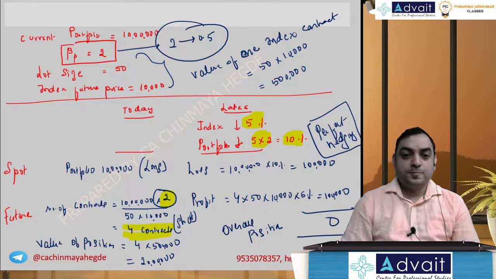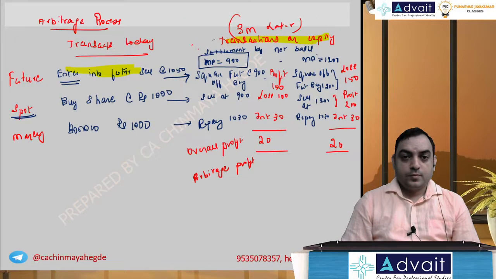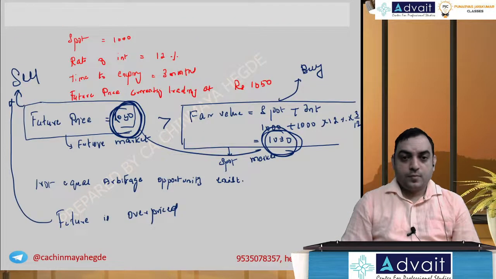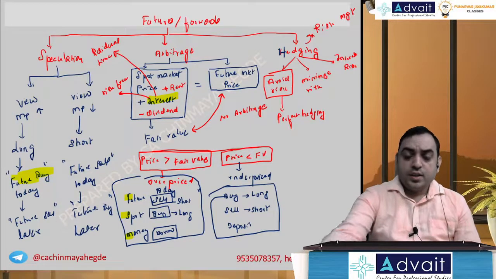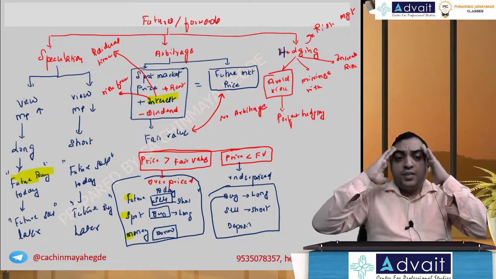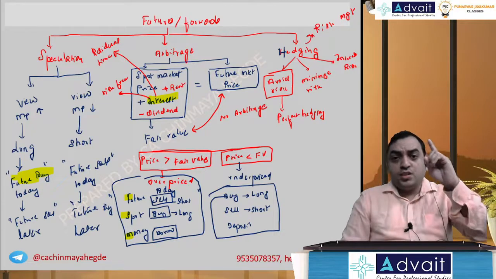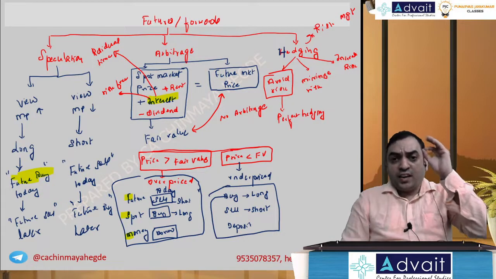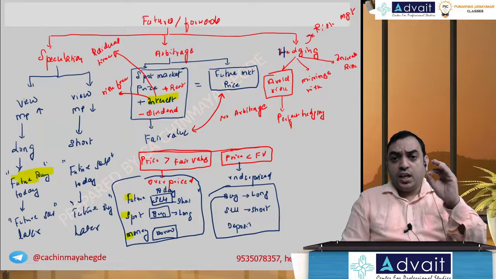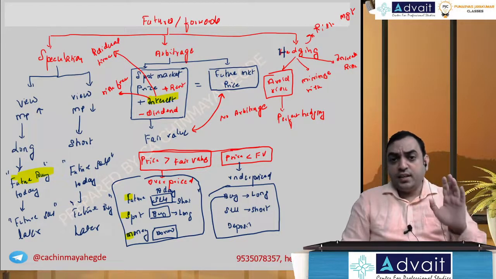Okay, I'll go back. Okay, so now try to bring everything into one place. Futures or forwards are contracts entered today for a settlement at a later date. The date is called the expiry date.